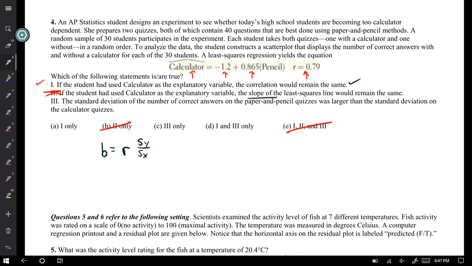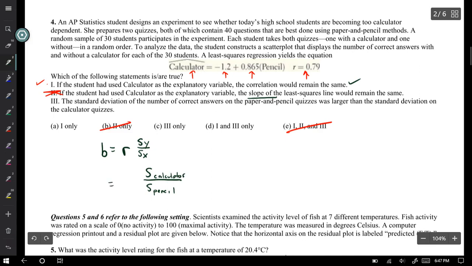So let's take a look at this. The standard deviation of the number of correct answers on the paper pencil quizzes was larger than the standard deviation on the calculator quizzes. So we have here on the bottom the standard deviation of the pencil quizzes. And on the top, we have the standard deviation of the calculator quizzes.